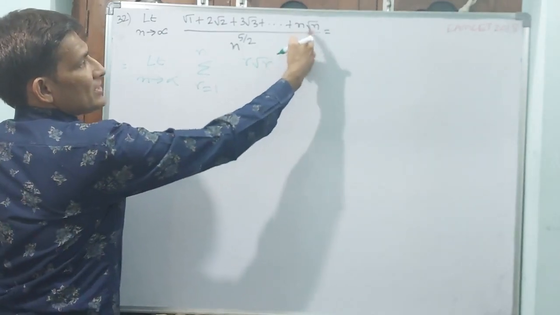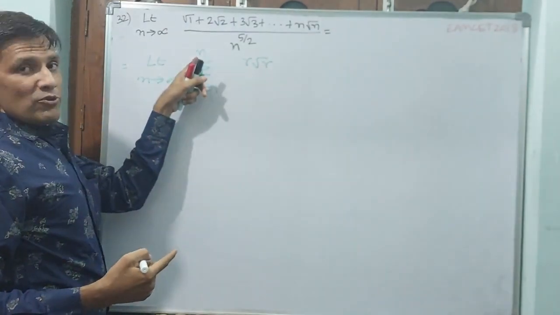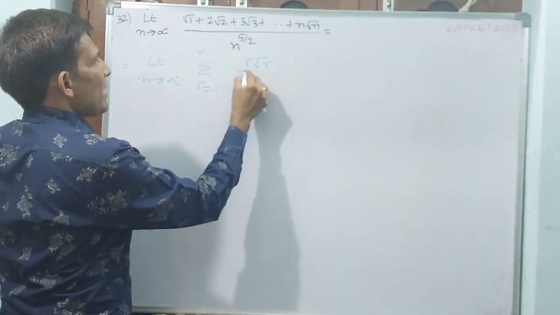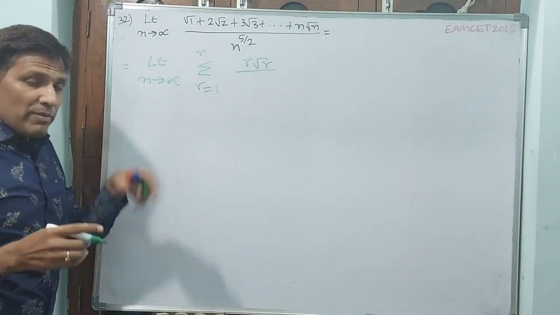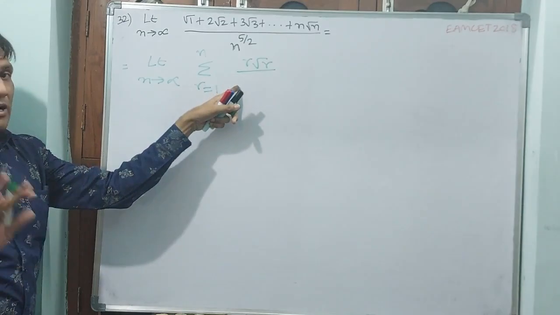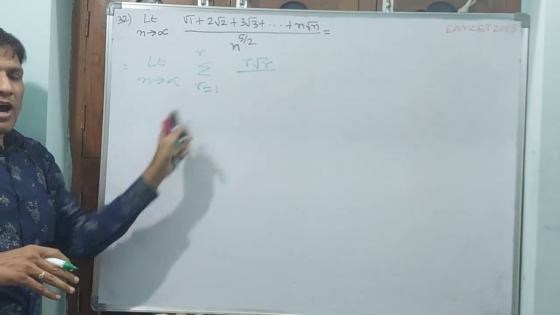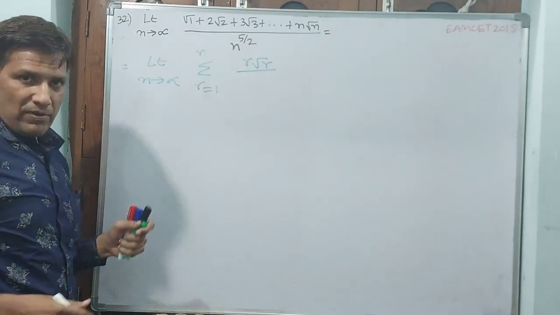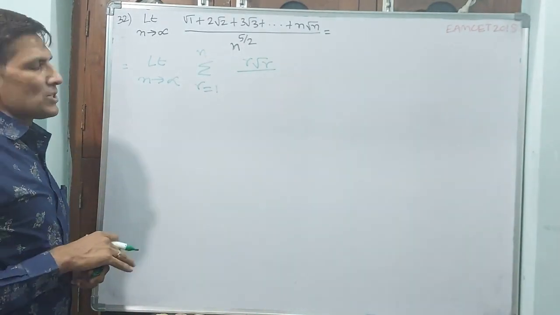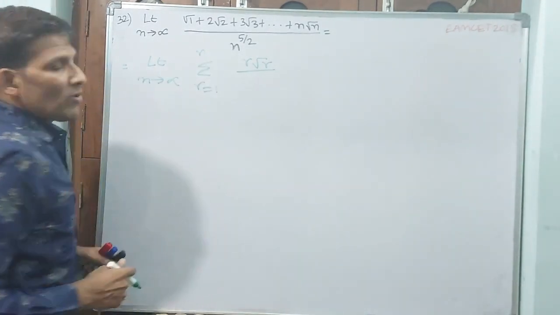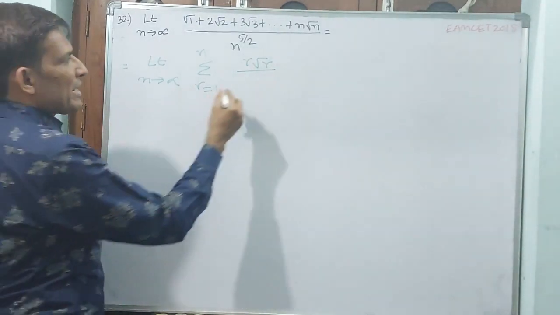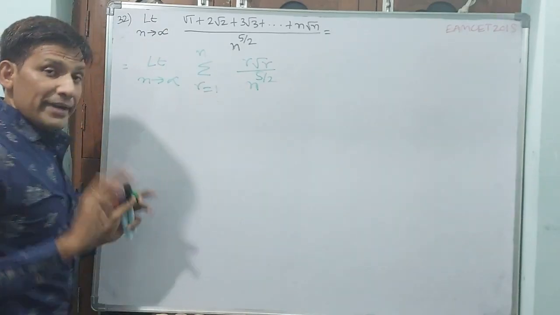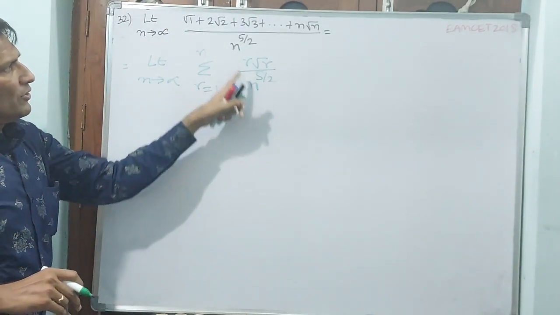Because finally it goes up to n root n, so r root r. Divided by n to the power of 5 by 2; r by n you have to bring. That is why in the denominator you write n form. R by n means you can replace it with x, then you can put it in integral form. That logic you have to strike in your mind. Temporarily you keep n to the power of 5 by 2 like this only.